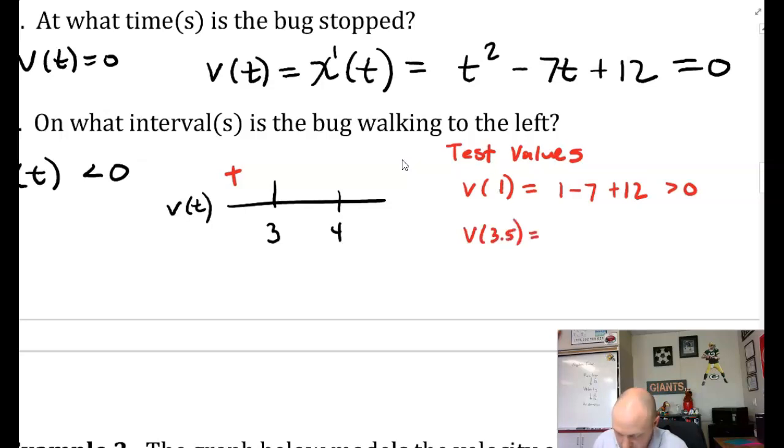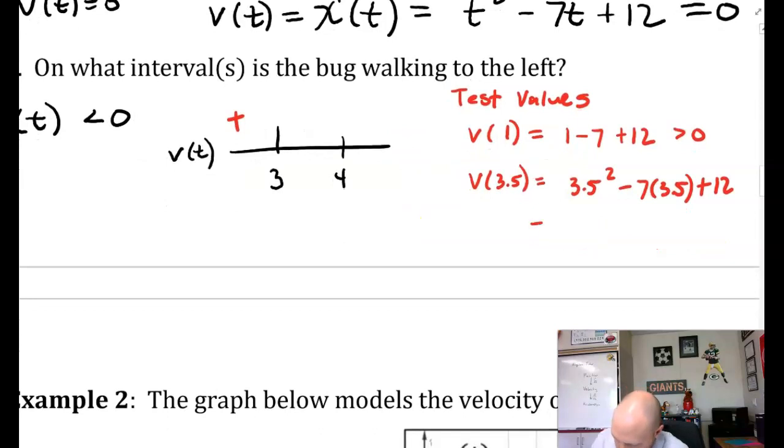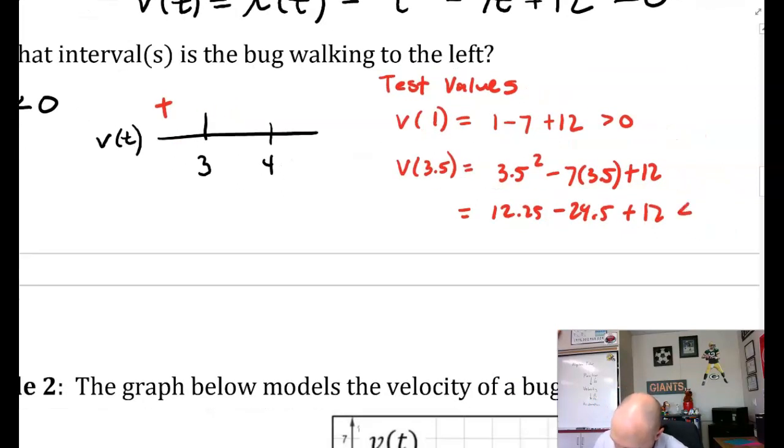So I have 3.5 squared minus 7 times 3.5 plus 12. And this gives me 12.25 minus 24.5 plus 12, which is less than 0. So that region's negative.